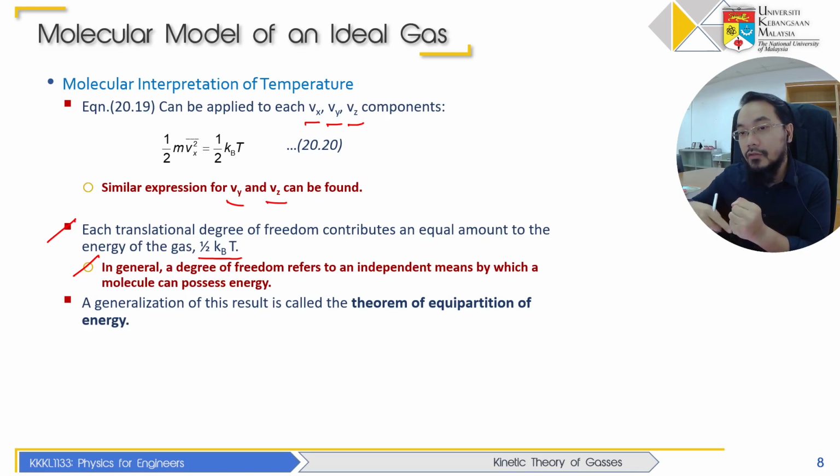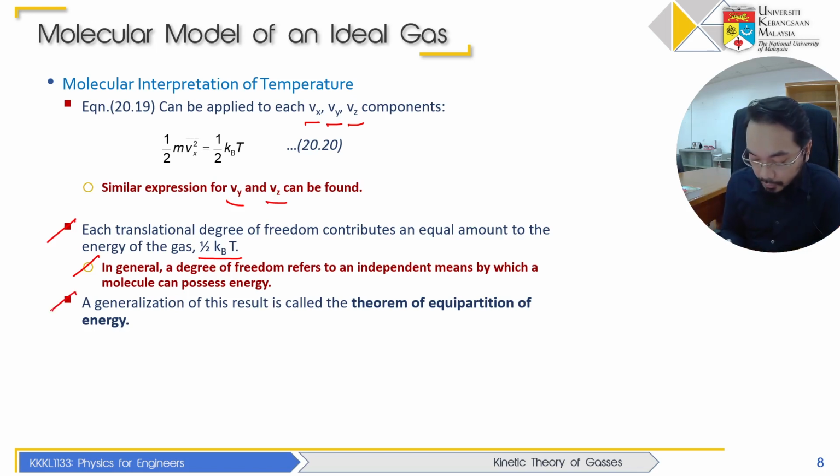If you have rotational as well, you add another 2 degrees of freedom, so it becomes 5. And if you have vibration, you add an additional 2, giving a total of 7 degrees of freedom. A generalization of this result is what we call the theorem of equipartition of energy.